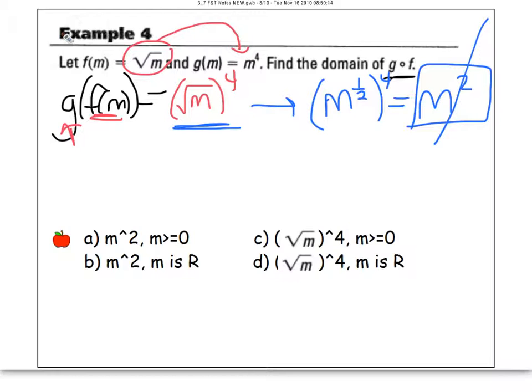If you look at what I wrote in the blue here, this is a parabola. There's no domain issues. X can be anything, or in this case, M can be anything. So letter B, which is a wrong answer. This is not the simplified equation, and M can't be anything. You must keep it in this format because the square root in there is causing a limitation. Remember, we can't have negative numbers under the square root.